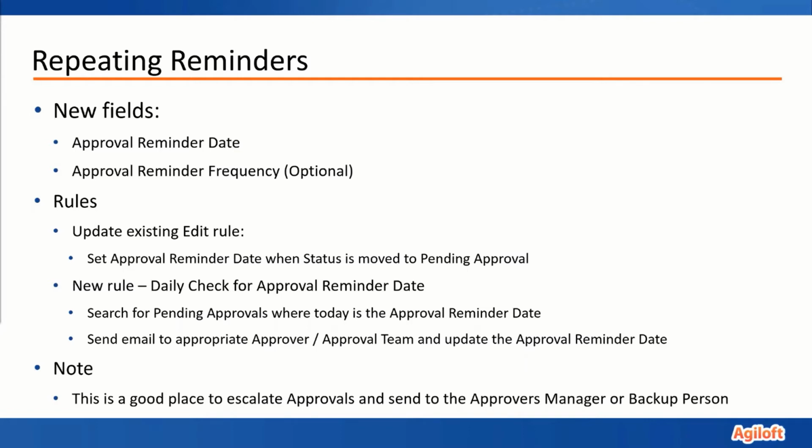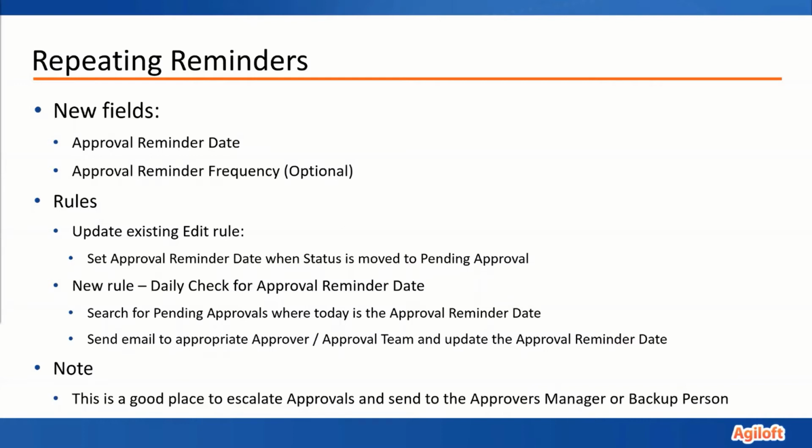If you would like to control this on a contract by contract basis, create the approval reminder frequency field. This is the optional field that we have on here. I recommend against setting this because it's just one more thing to manage, but it is something to consider.